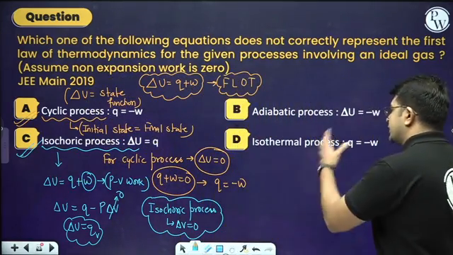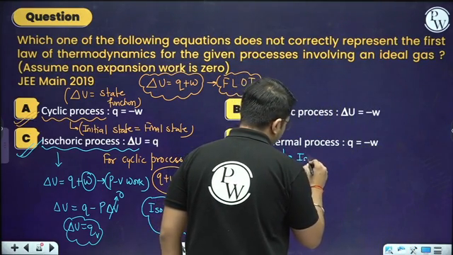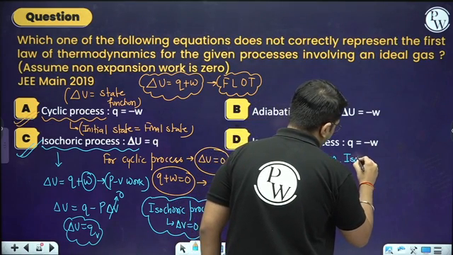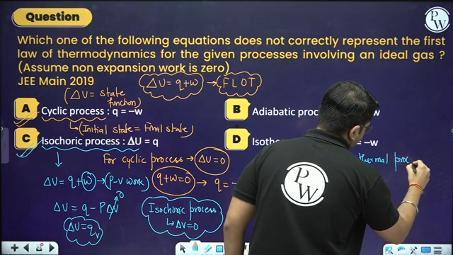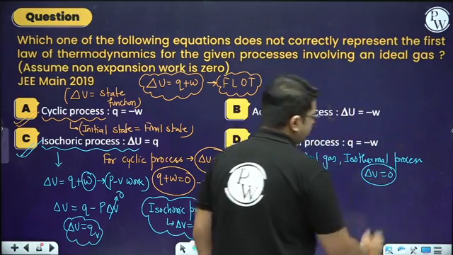Okay. Now the next part is the isothermal process. In the case of an ideal gas and an isothermal process, I just told you that delta U will be equal to 0.